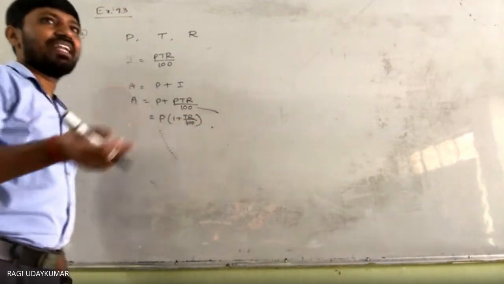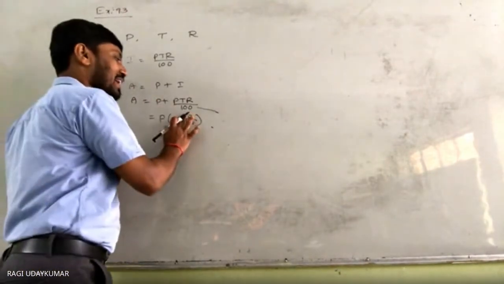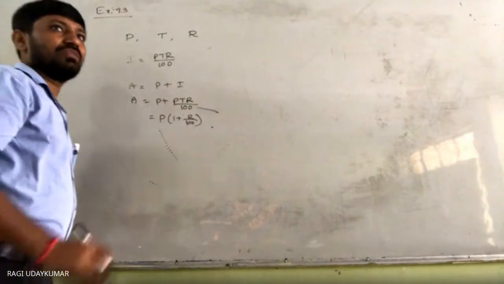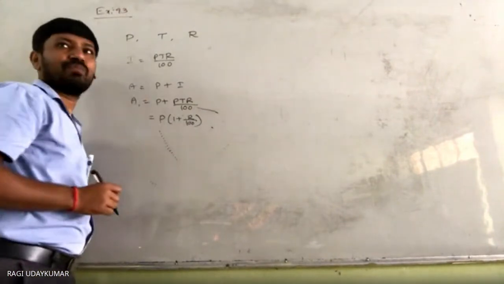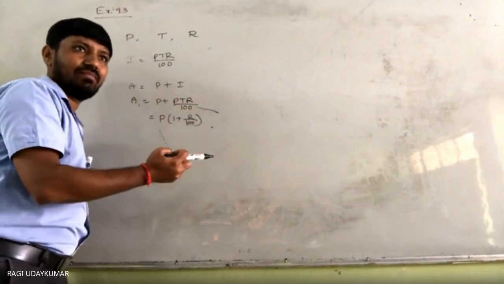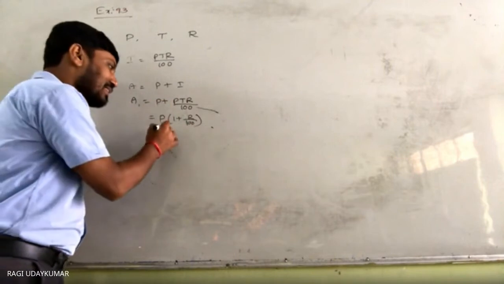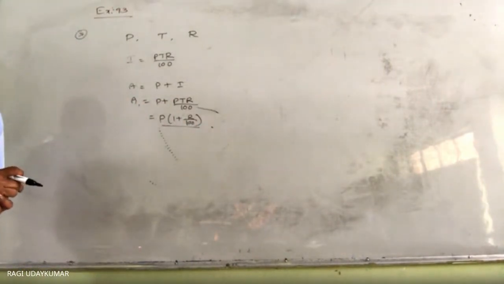But here, every 1 year, the T value should be taken as 1. After the first year, the amount is A1, and this becomes the principal for the next year. This interest should be taken into consideration.